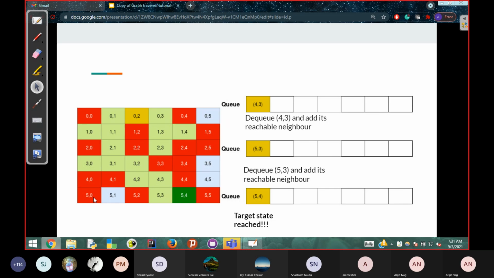But the thing you need to track is that the target state should not have been in the queue throughout the algorithm. Then you can say the target state is not reachable. So just take this example, change 5-4 to 5-0, and see. That is easy.